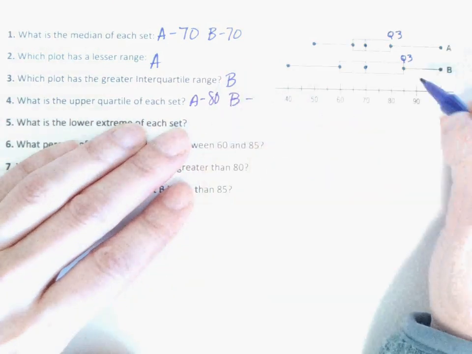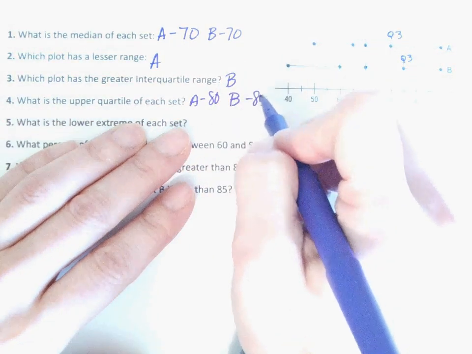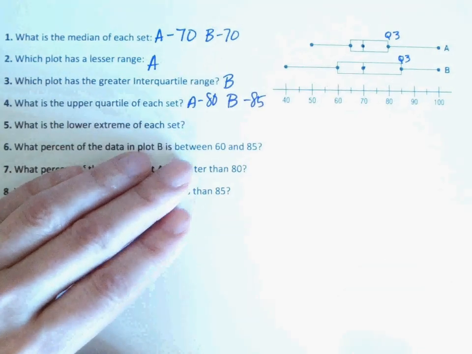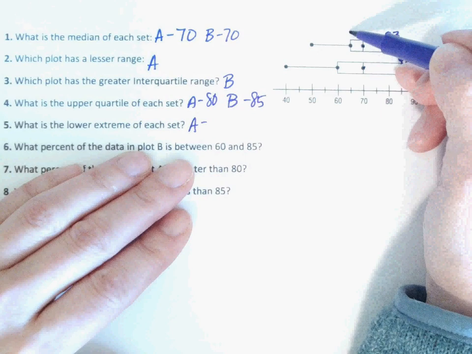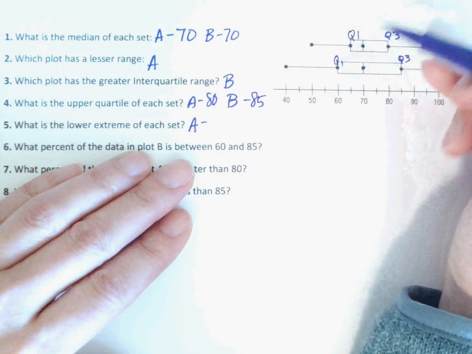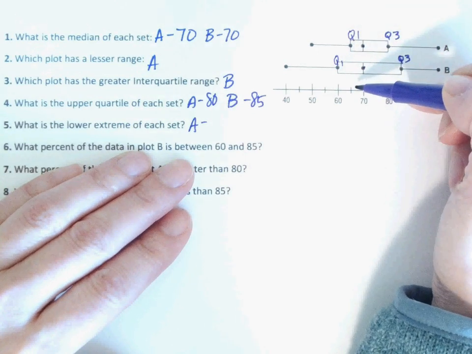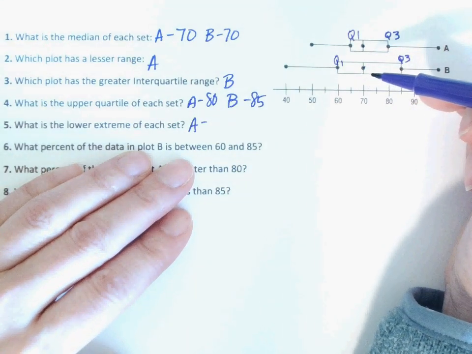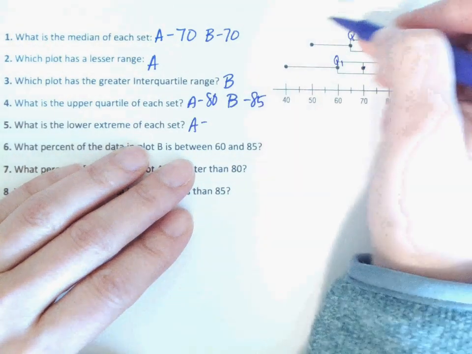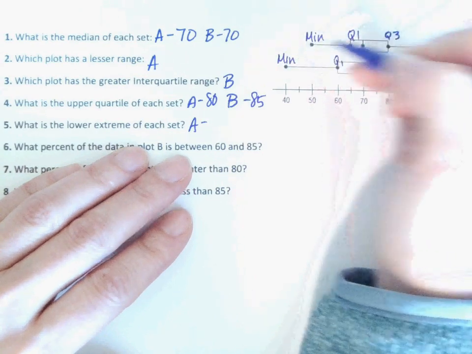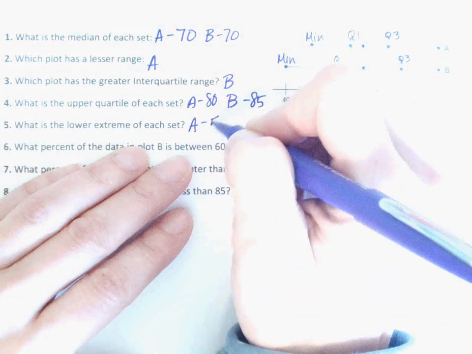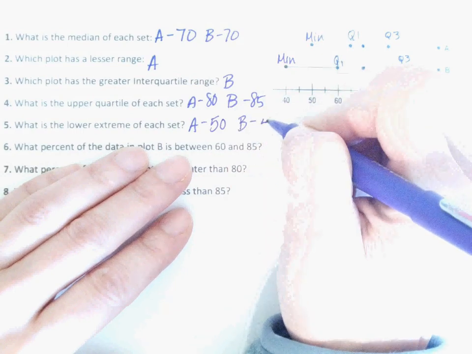For B, it looks like it's 85. Then the lower extreme of each set. So same thing, this is going to be Q1. So for A, it looks like it's about, oh, I'm sorry, lower extreme. So this is my min. It's 50. For B, it's 40.